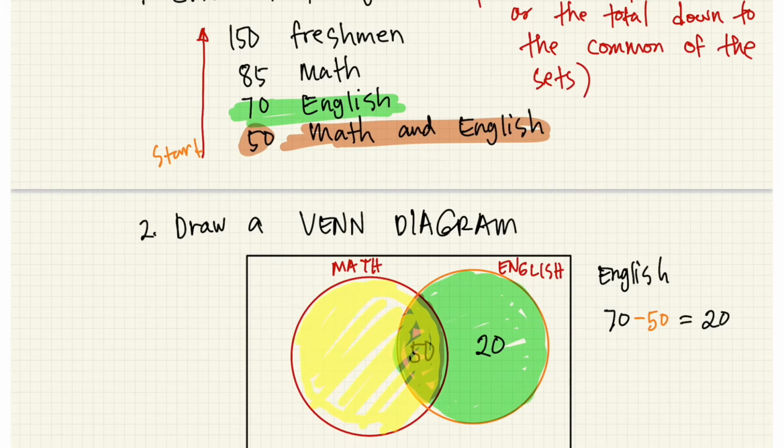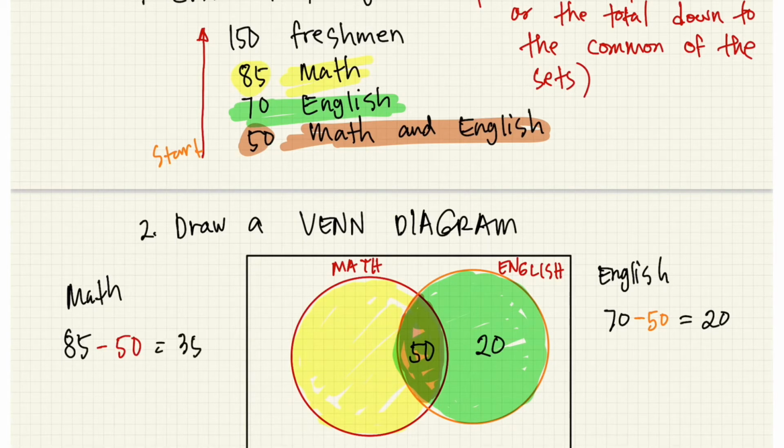Anything, so that includes the one that intersects between two sets. So that includes 50. So math here has 85 students. So we're going to write math here. Math, and you have here 85. Now since you already have 50 there, we subtract 50 here, and the answer would become 35.